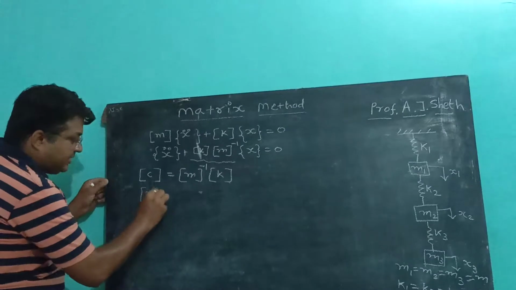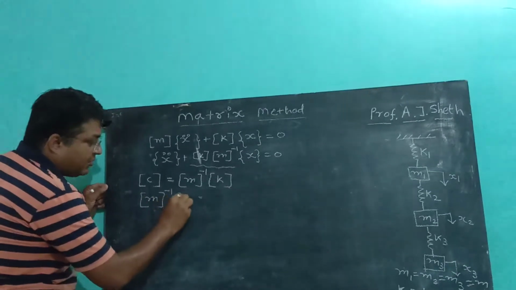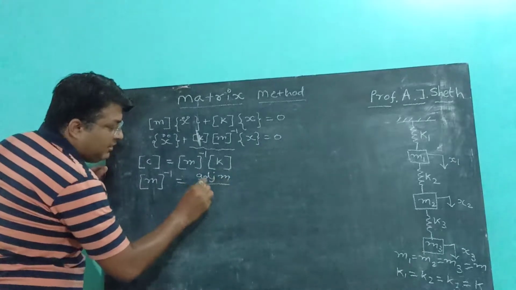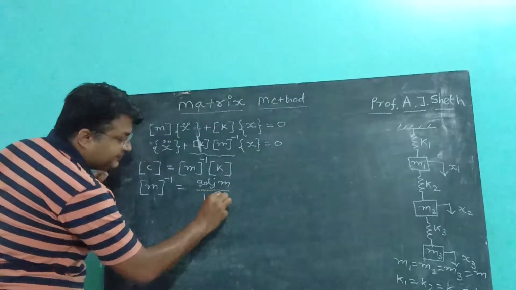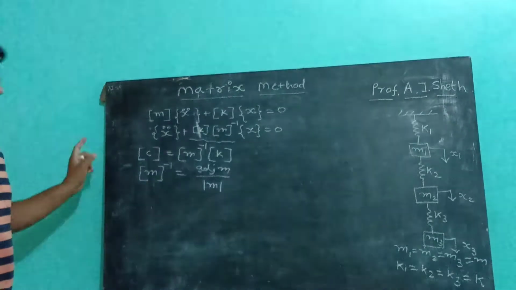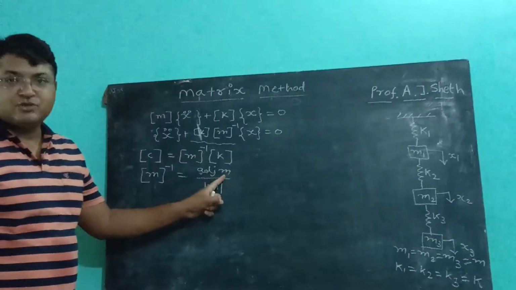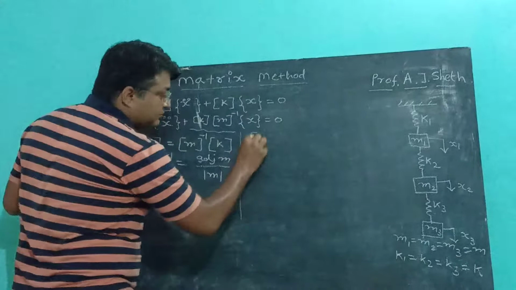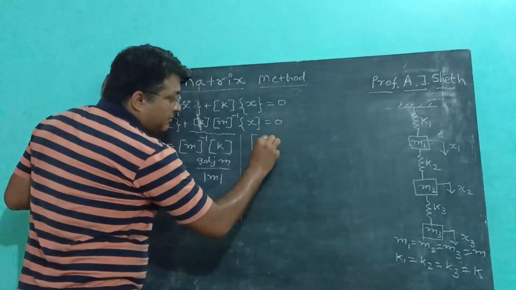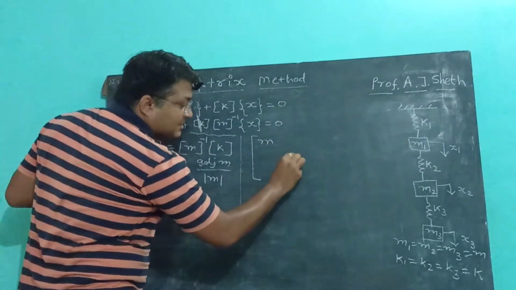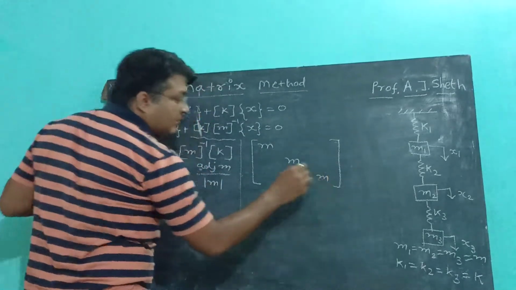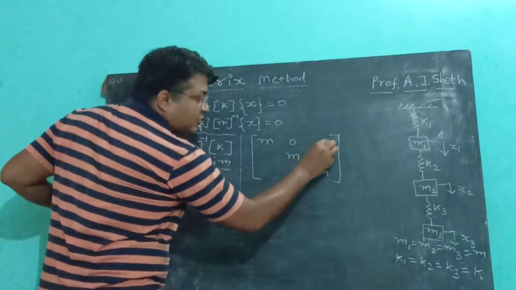Basically m inverse can be found as adjoint m by mod m. So how to find this adjoint m? Now the mass matrix is mass m1, mass m2, mass m3, and the remaining values are 0.